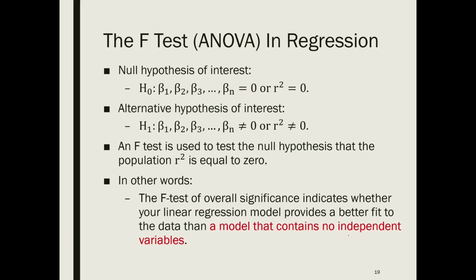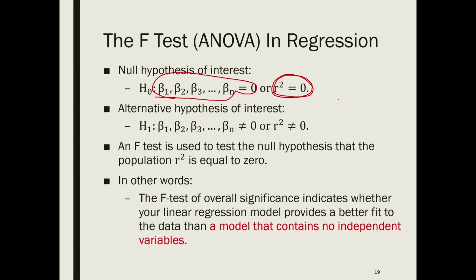This F-test is also sort of the ANOVA in the regression. It's not going to be the same as the ANOVA we saw before, but the logic is the same. So the F-test in regression has the same logic: the null hypothesis is that all the coefficients are equal to zero, or R square equals 0. R square equal to 0, what does this mean? So 0% of the variance in the dependent variable can be explained by the independent variables, right?